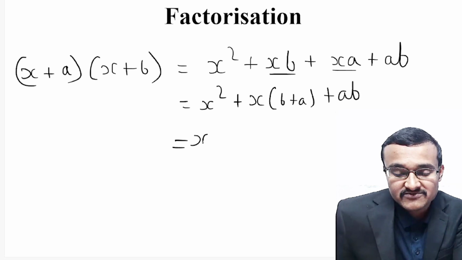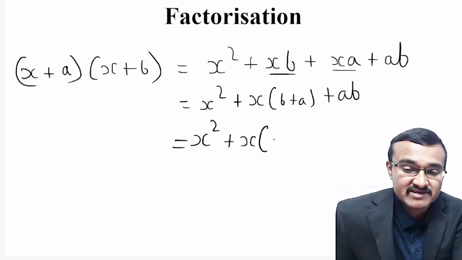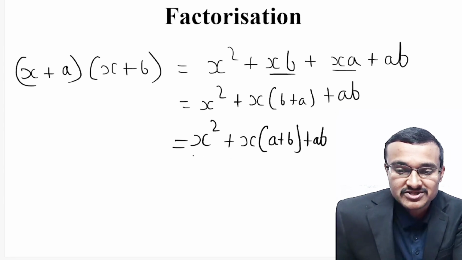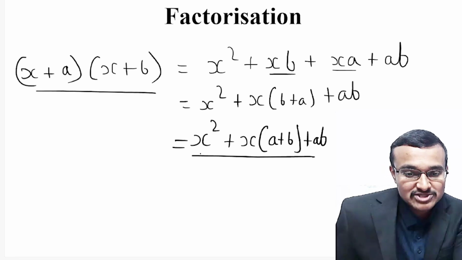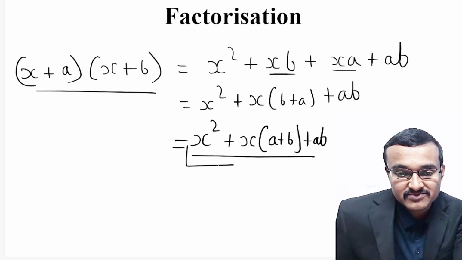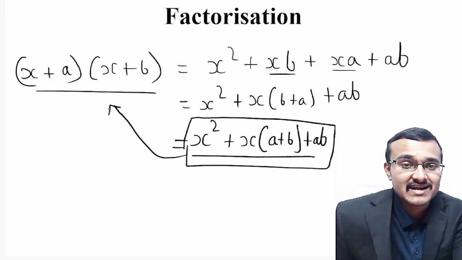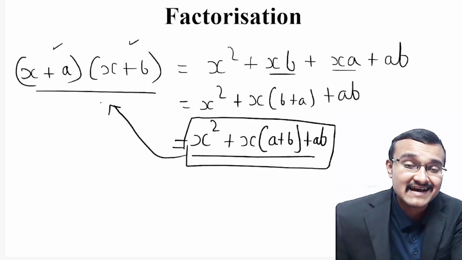So the equation you get here is x square + x into, instead of writing b + a, I can write a + b, + ab. This is one identity which you should remember, so that when you reduce an algebraic expression to this form, you can straight away apply this identity and get the factors of that expression.